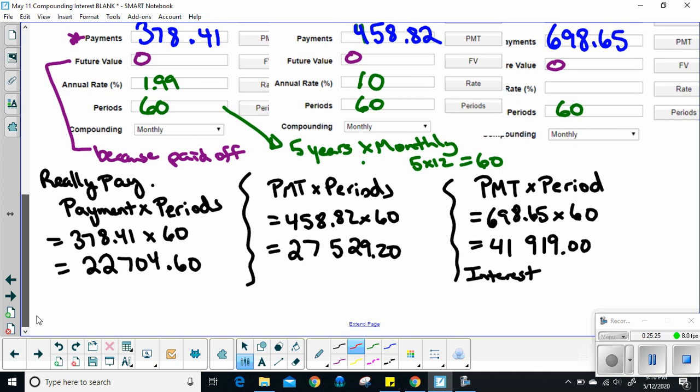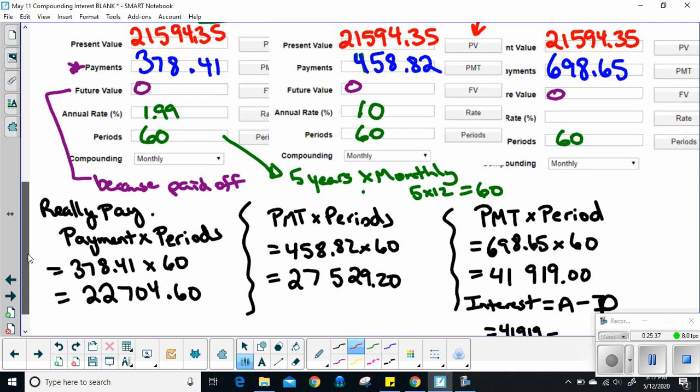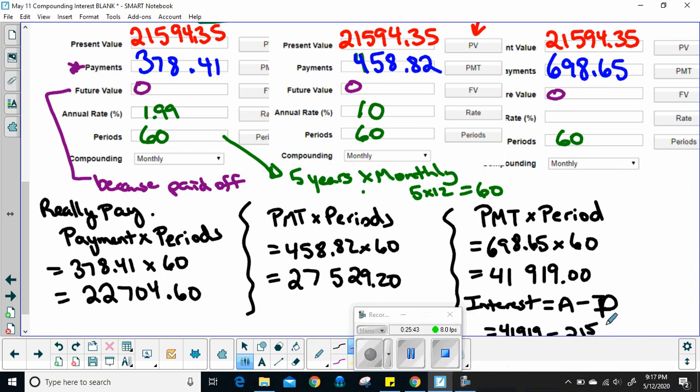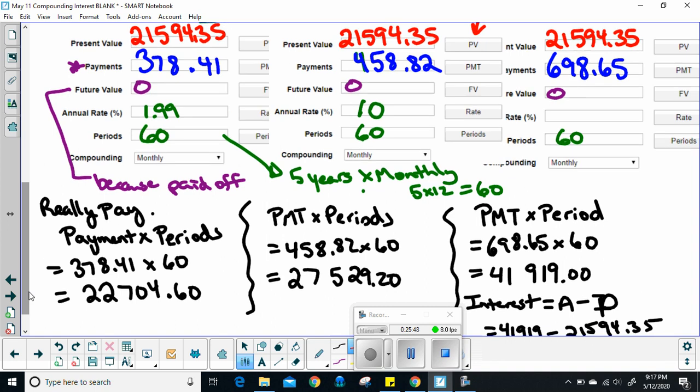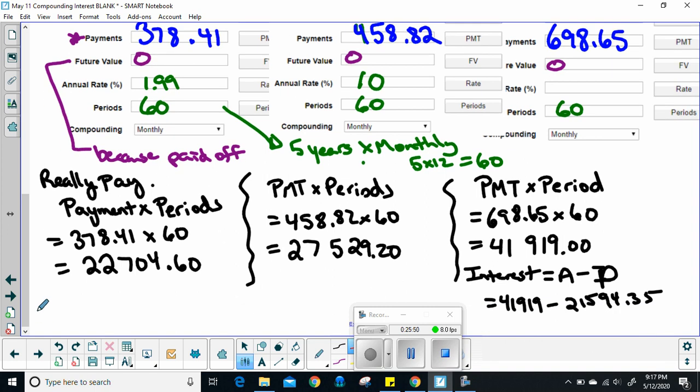Like, you are now paying in interest. Let's see. Interest is our final amount minus our starting amount. So there's your final amount right there. $41,919 minus what was our original amount? 21,594.35.